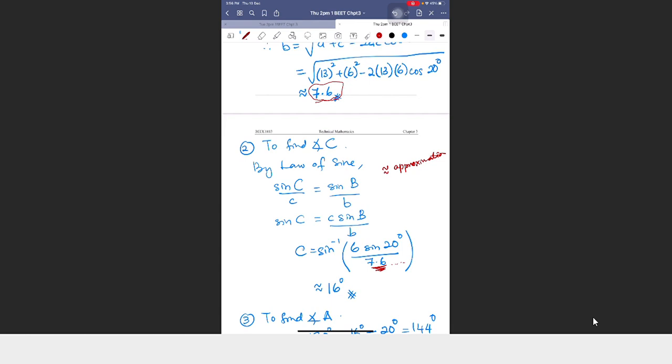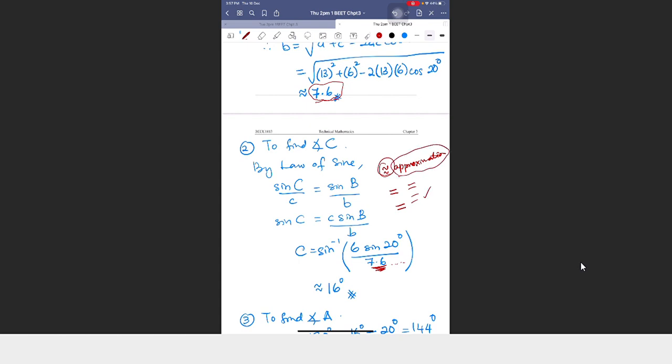If it is an exact value, we will use the equal sign. But in the exam, in your scripts, if you use equal, it's still fine. We don't penalize students for this type of notation. Instead of the approximation sign, if you put equal, we will accept. But this is just approximation.